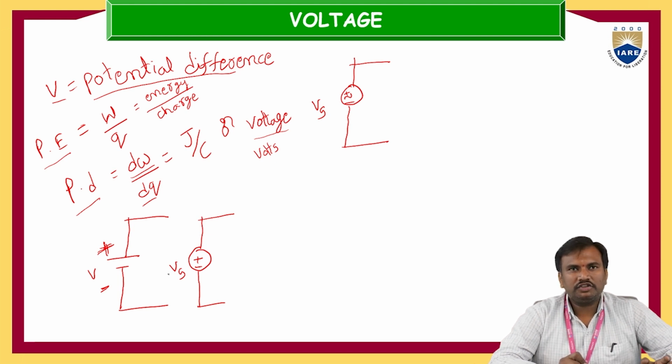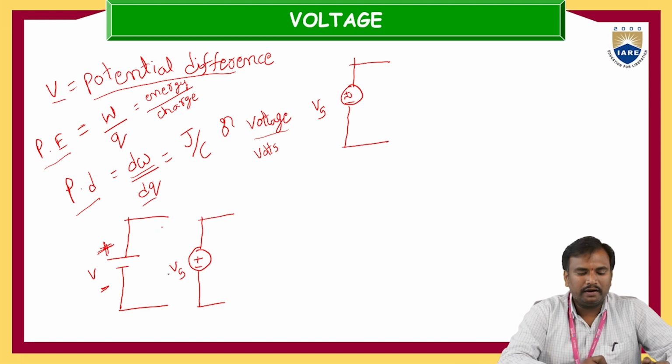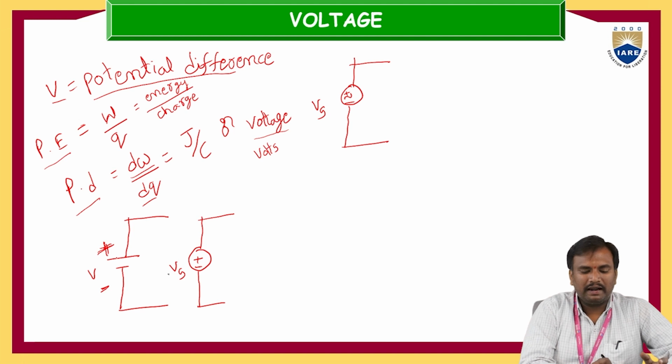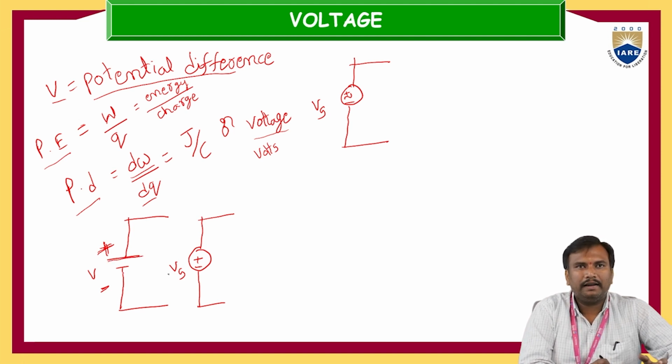And the voltage source can be represented with a battery symbol, that is two parallel lines. One is with big length and another one is with short length.